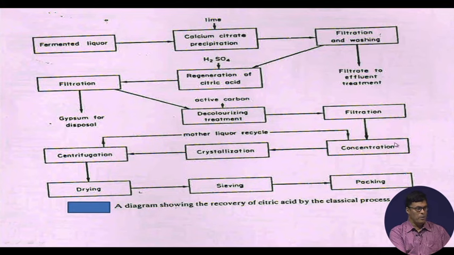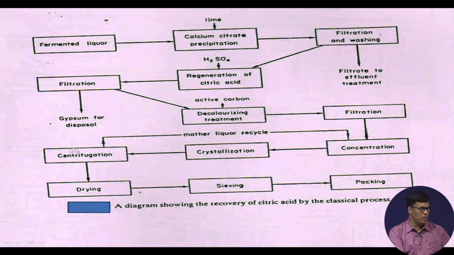After that, we concentrate it by passing it through the evaporator, which is a tubular evaporator. This contains about 22% citric acid, and when passed through the evaporator we get 60% citric acid. Then we cool it down, and crystallization takes place, with solid crystal formation.